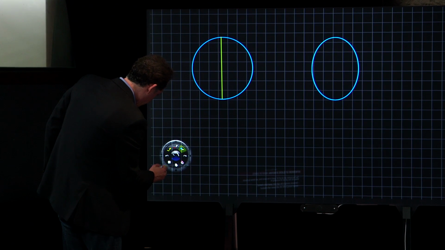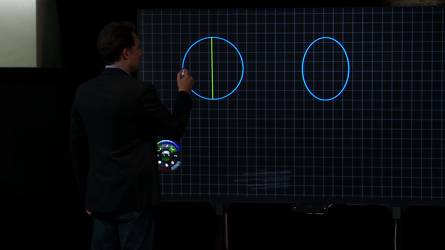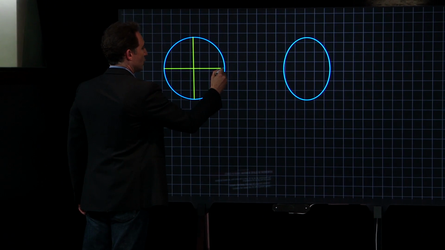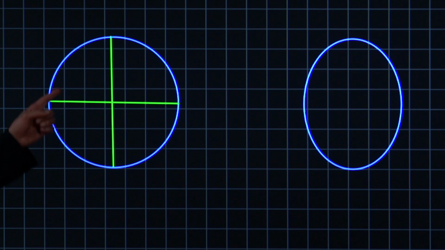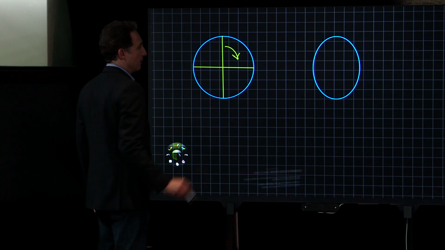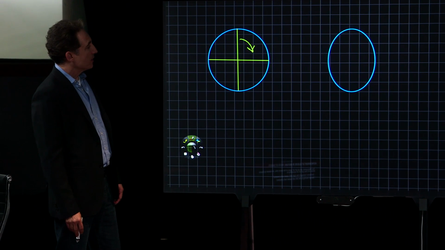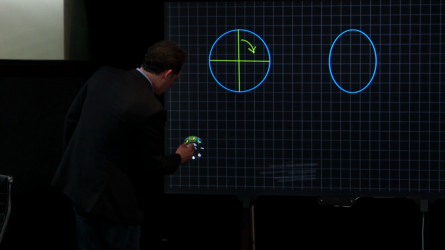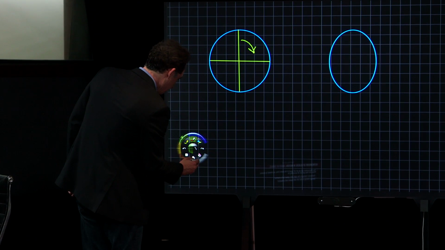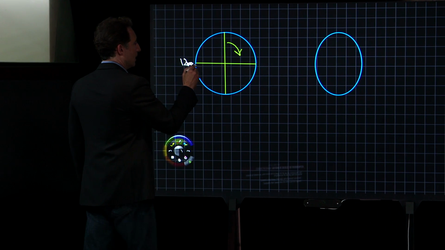For argument's sake, at 12 noon, the spoke has now turned from its initial position into the position that we now see. So it's rolling along in that direction. That's 12 noon from the perspective of those who are moving with the wheel.